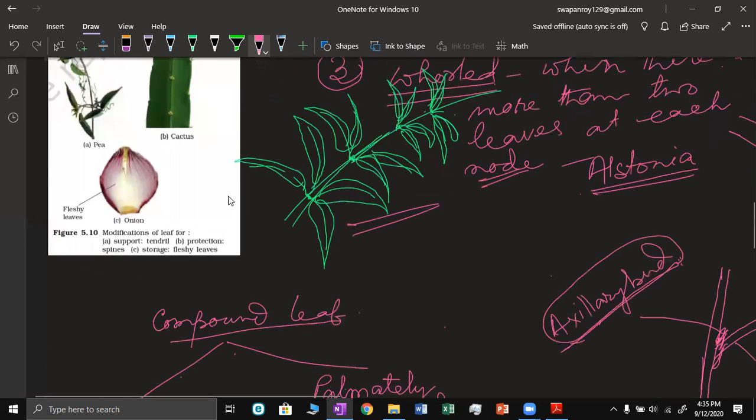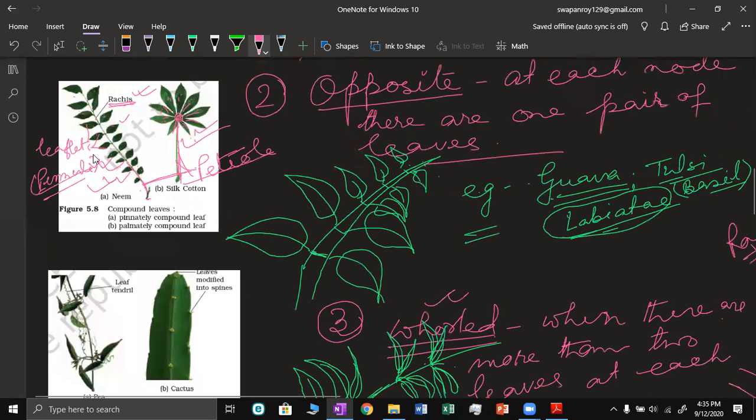In this case, this one is pinnately compound, where the leaflets are coming out along the rachis alternately or opposite. But here it is like our palm, and like the fingers, the leaflets are coming out. So this is palmately compound.